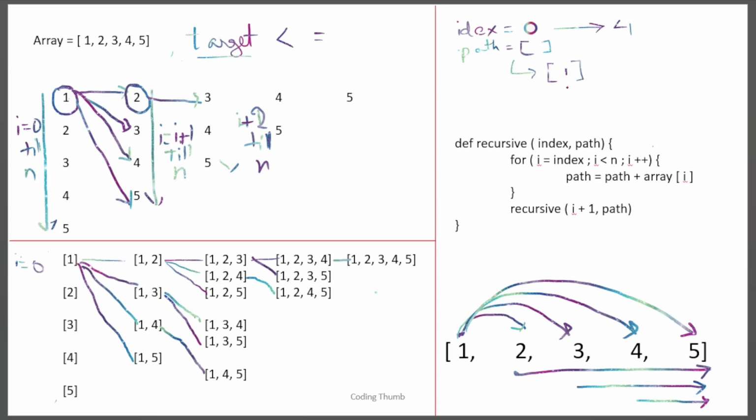And we go into a recursive call inside this where now index goes from i plus 1, so that is 1 to 4, and here my path now becomes 1, 2, and this again goes into a recursive call and my index here becomes 2 to 4, and the path then becomes 1, 2, and 3, and so on.